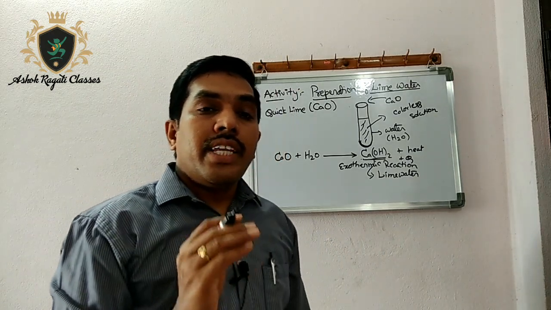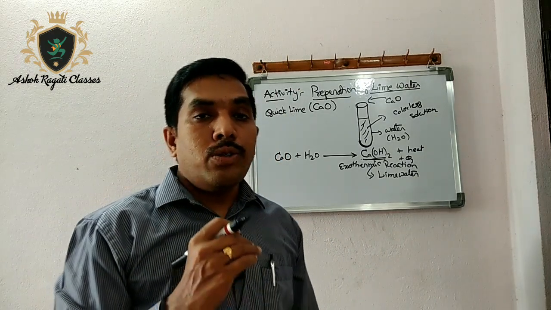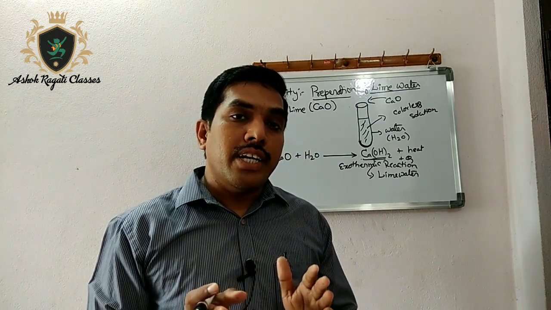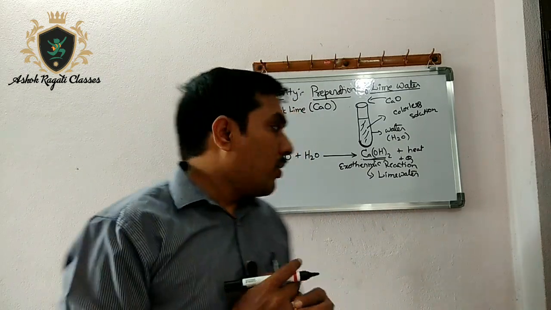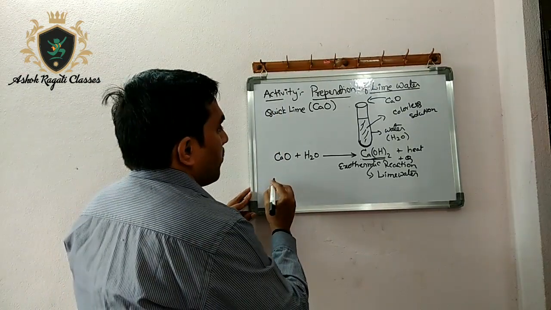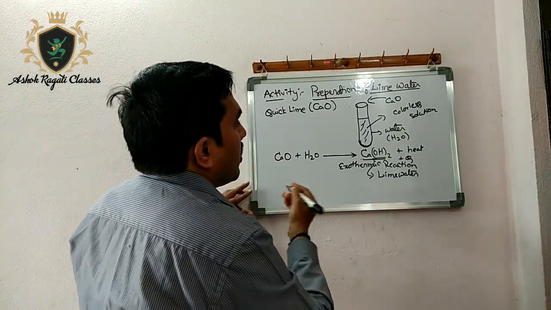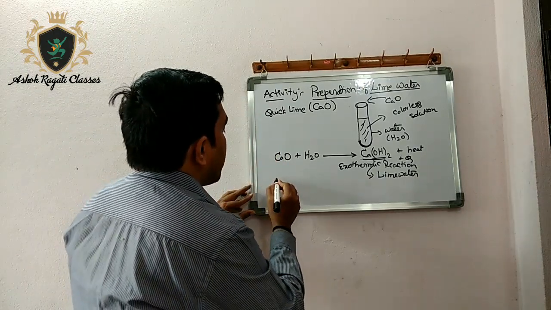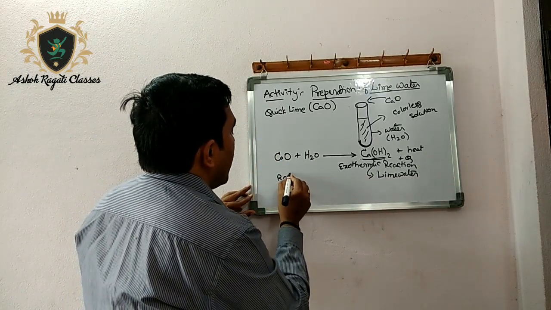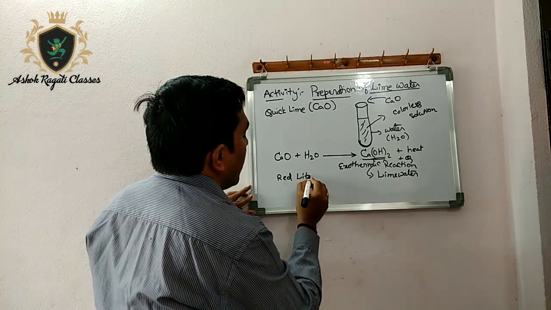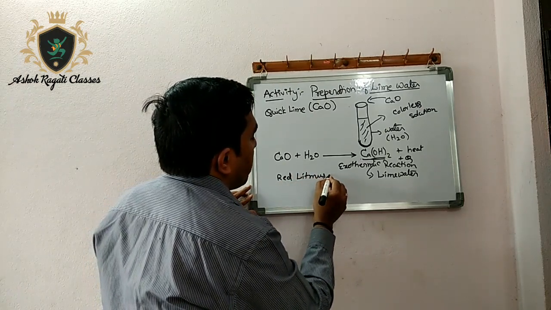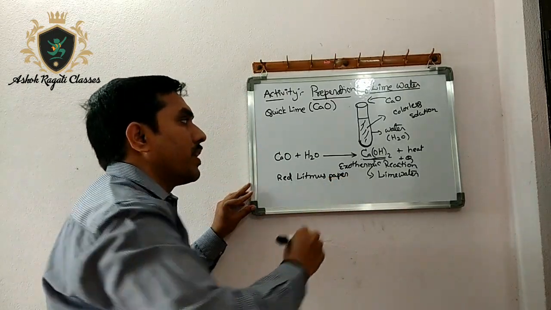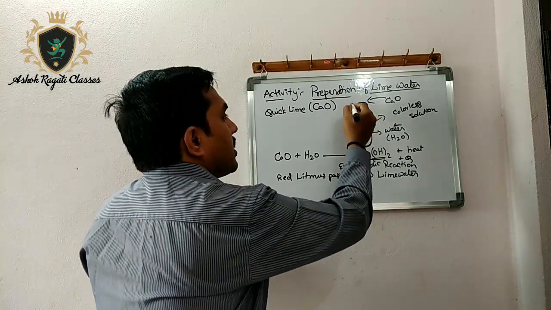Nature or behavior means whether it is acidic or basic. How do we test whether a substance is acidic or basic in nature? By using litmus paper. I am taking red litmus paper and dropping it into this solution.